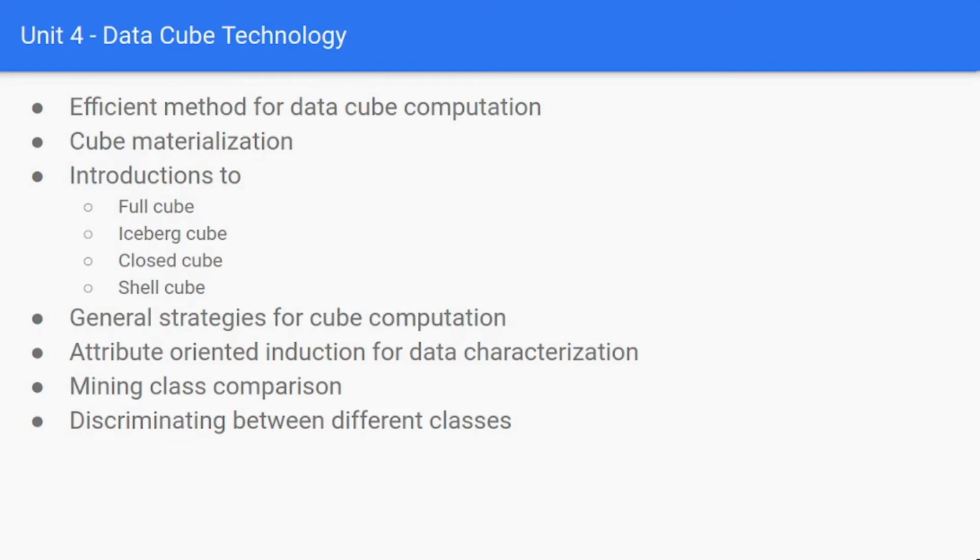These are just basic introductions. General strategies for cube computation, attribute oriented induction for data characterization, mining class comparison, and discriminating between different classes. So it's just preparing you for our next few things, and data cube on its own also.